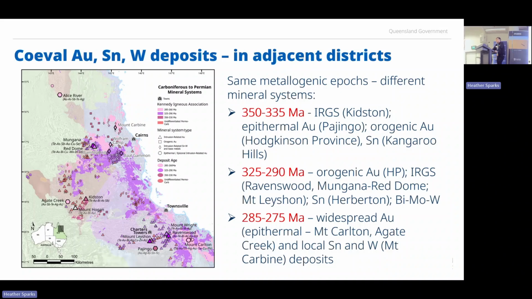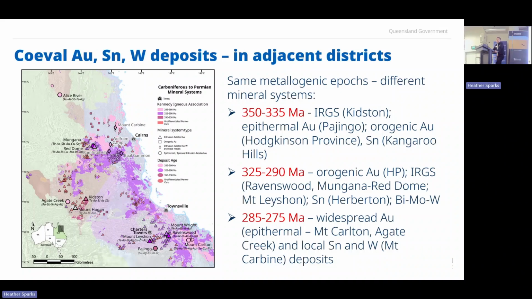At the same time, we see the introduction of just about all of the tin deposits in the Herberton district, and the introduction of these tungsten-bearing deposits, and the main phase of introduction of orogenic gold deposits.